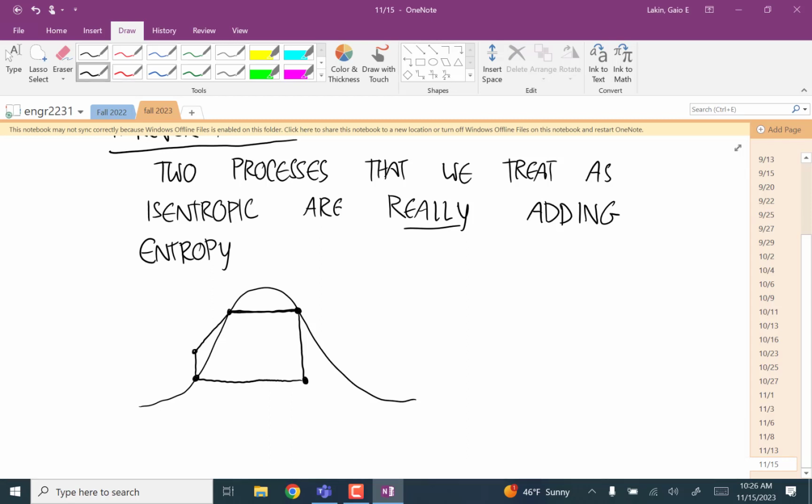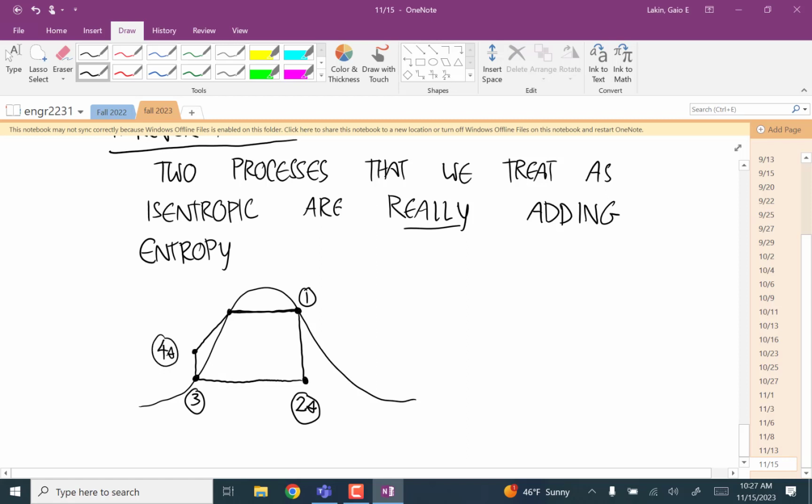And I'm going to call these states state 1. I'm going to call this the state 2s because that's the isentropic state 2, state 3, and this is the isentropic state 4s.